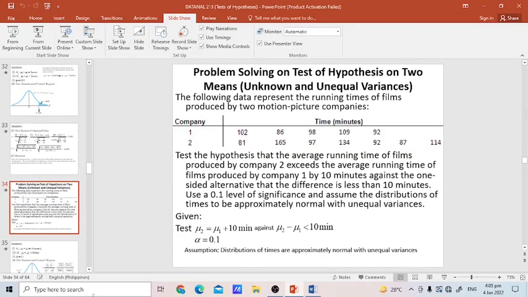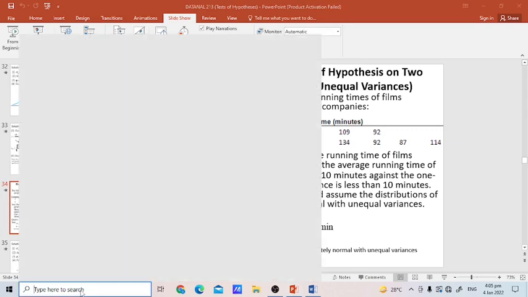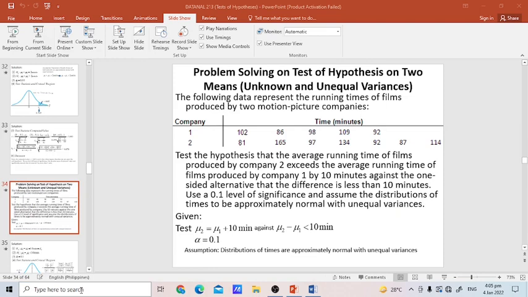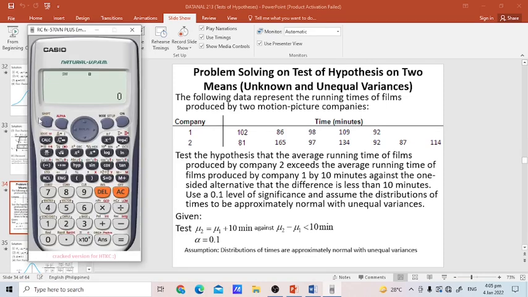Mode 3 for statistics. Then shift, 1, then 2 for data, and insert the values for company 1.